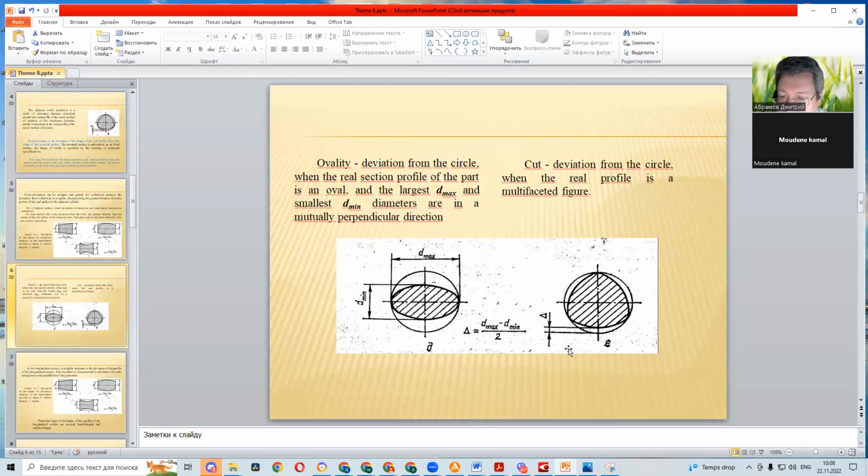And we have the delta, the distance between two profiles, the real profile and the profile of the ideal circle. Delta is calculated by the same formula: D maximum minus D minimum, divided by 2.